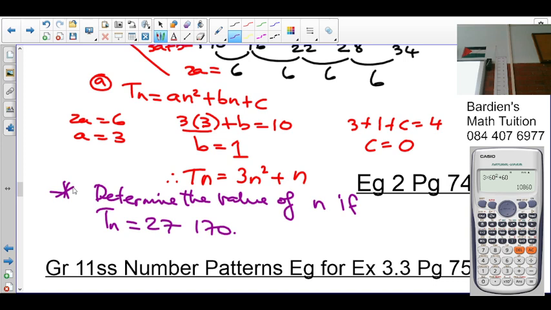Or they can ask you which term in the sequence above will have a value of 27,170.